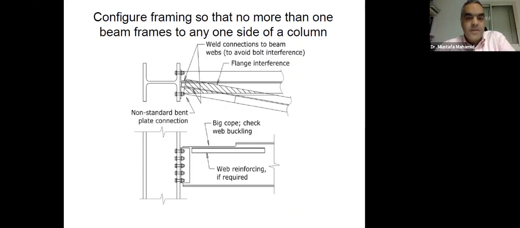When you have 2 members coming in, you have flange interferences where you have to cut flanges, and this is an additional cost. Since you have removed the flange, you have to reinforce the web to substitute for that, which adds to the cost.